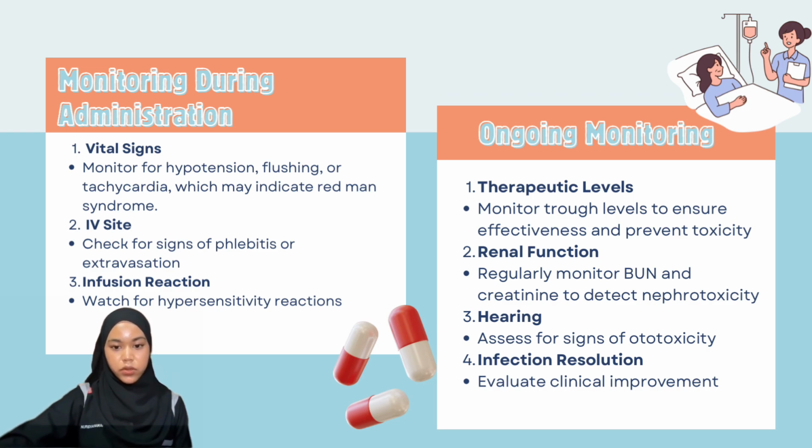And then assess the renal function regularly, as vancomycin is eliminated by the kidneys and may cause nephrotoxicity. And then we evaluate the hearing function periodically to detect early signs of ototoxicity, such as tinnitus and hearing loss. Finally, we monitor the patient's clinical response, looking for improvement in symptoms like fever reduction and better laboratory markers.